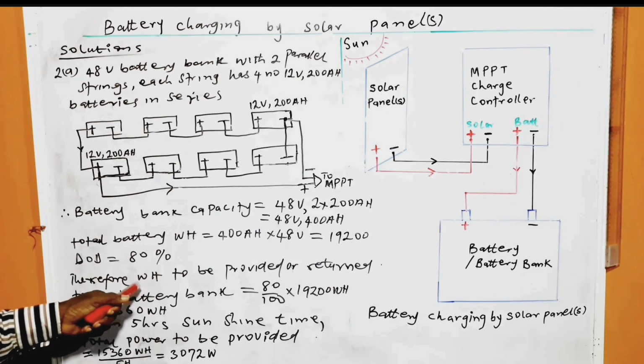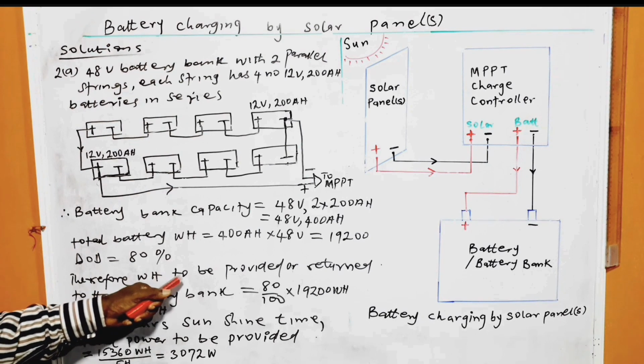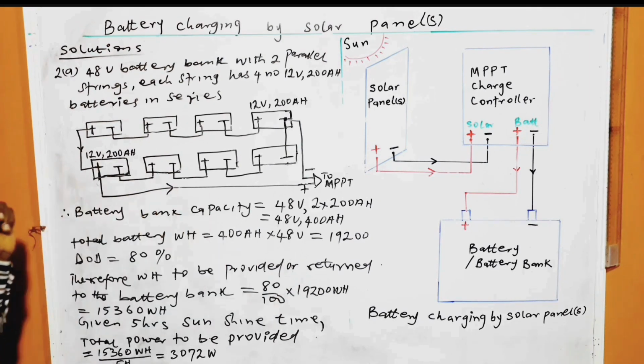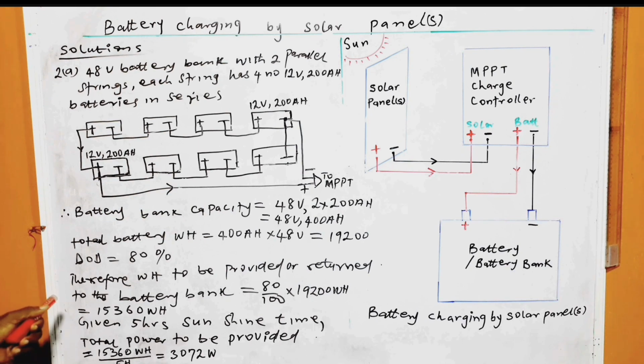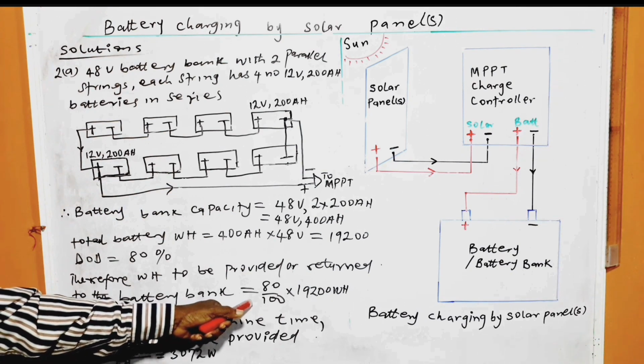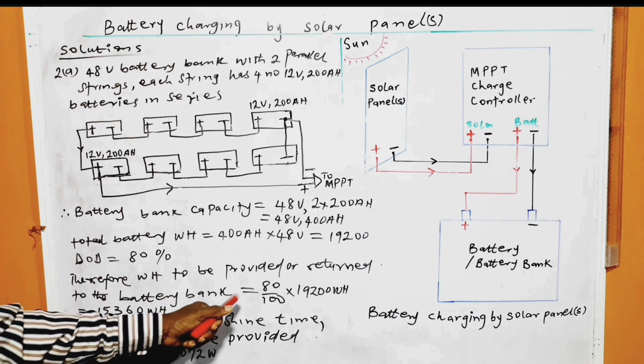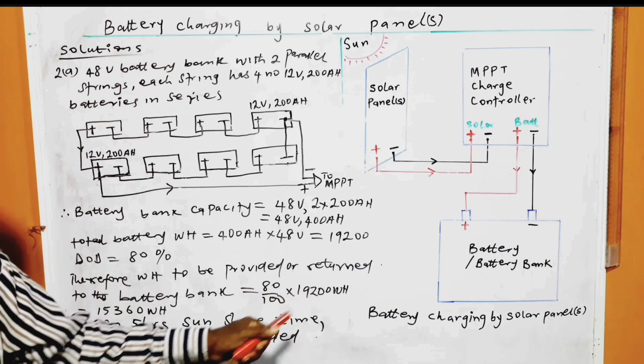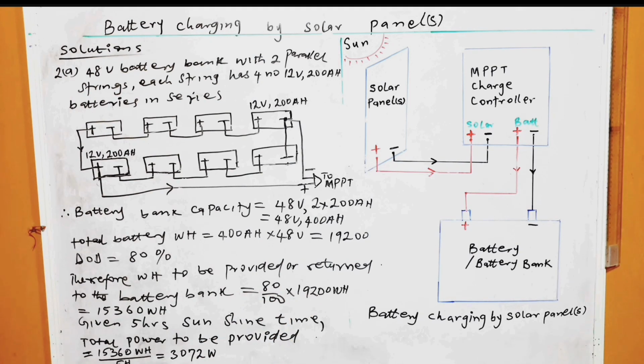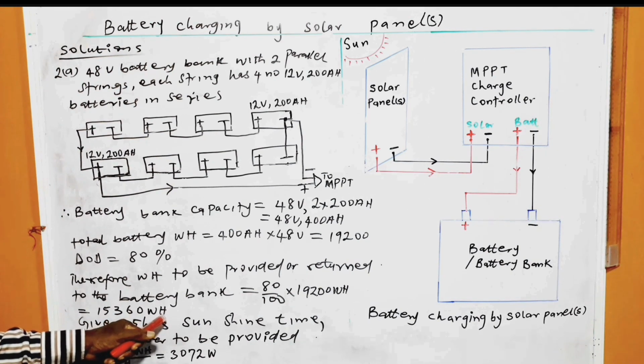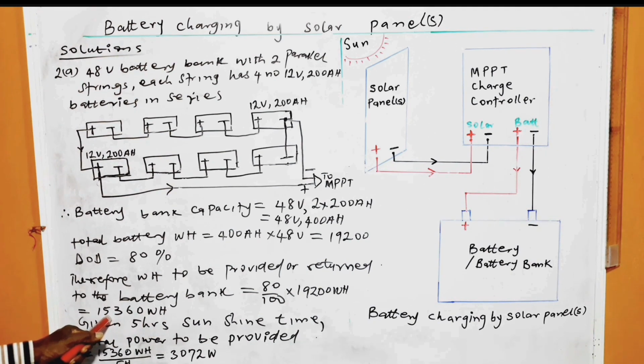Therefore, the watt hour to be returned to the battery bank to charge it fully is equal to 80% of this, and that is 15,360 watt hour.